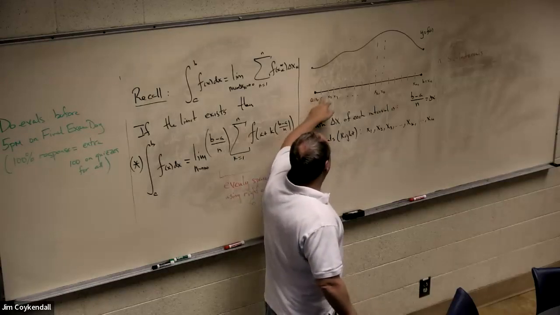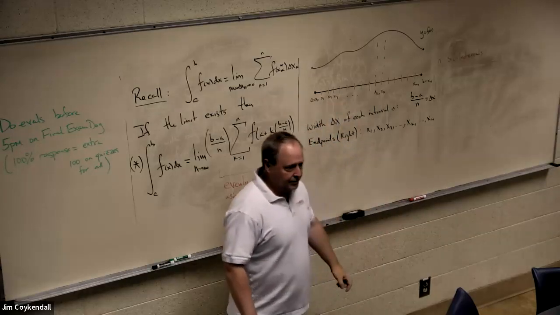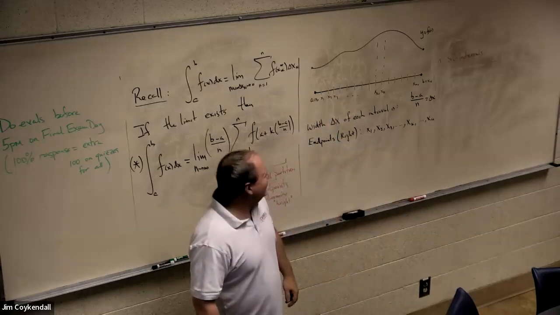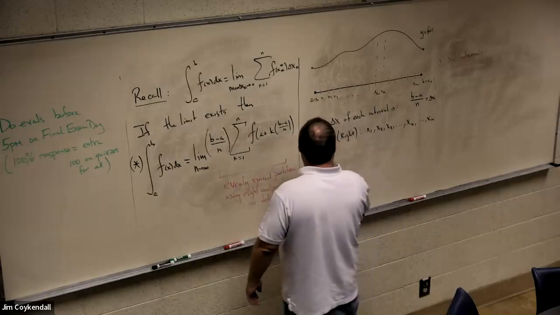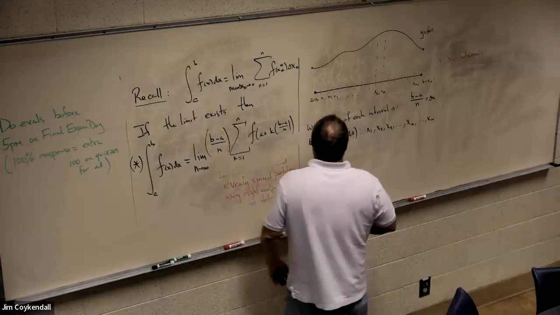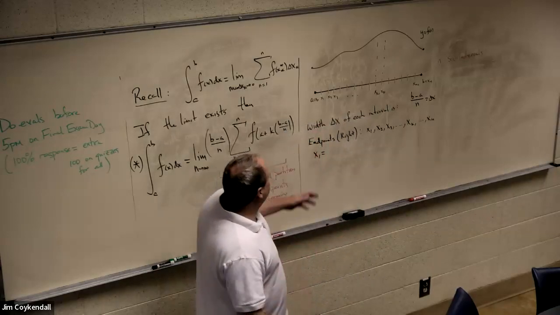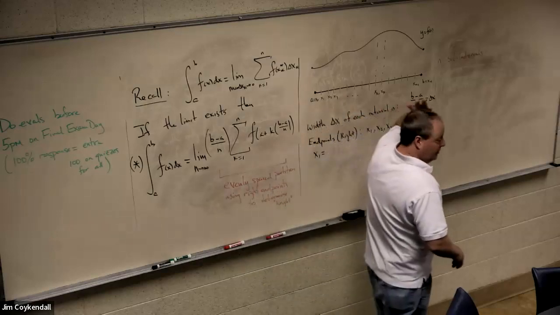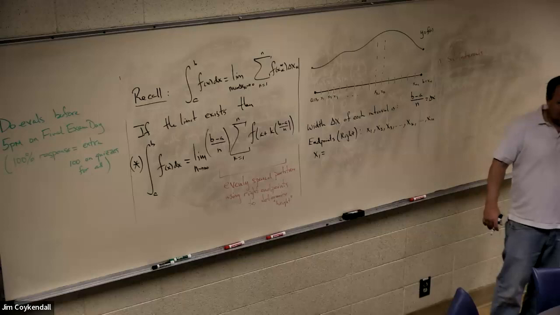I use x1 for the first, x2 for the second, x3 for the third, and so on. I agree. But I need to rewrite this. What is x1, in terms of stuff that I've got on my picture, other than x? Is x1 equal to a? No, it's a little bit to the right.